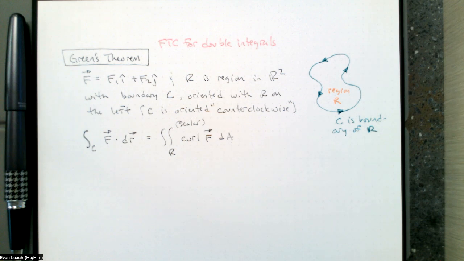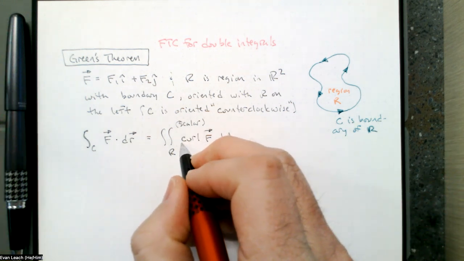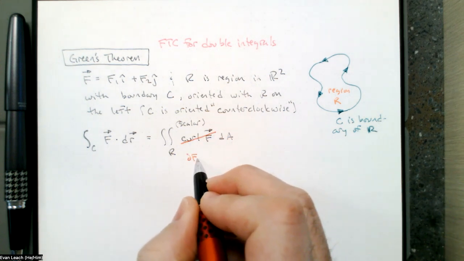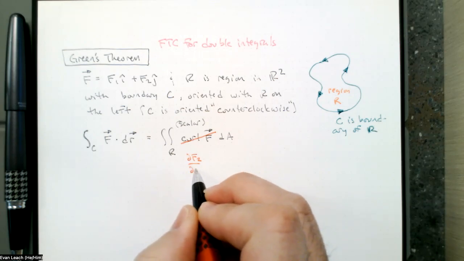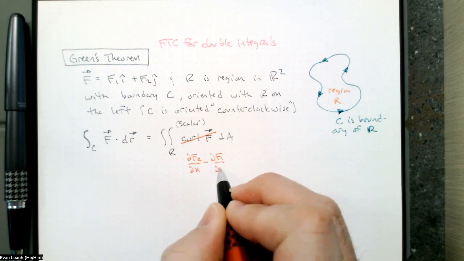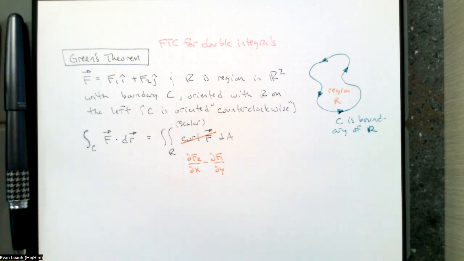But to avoid that, we just write the scalar curl of f with this definition.